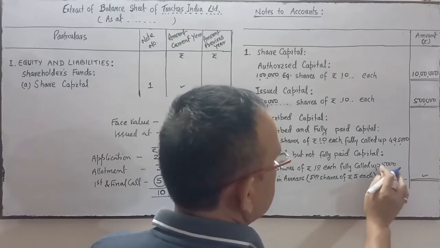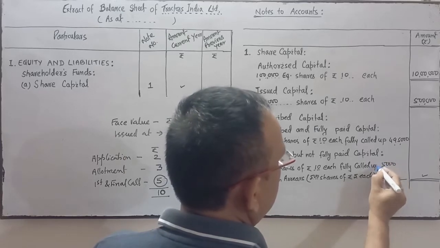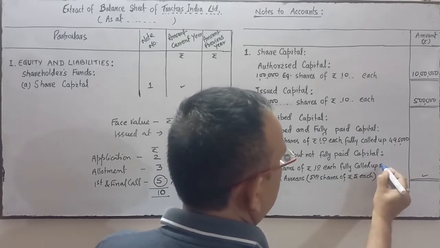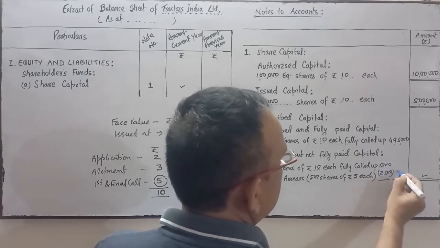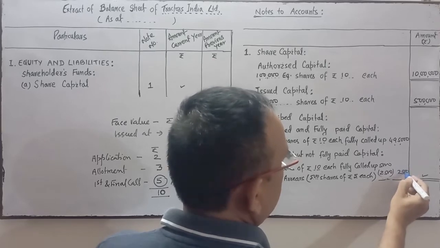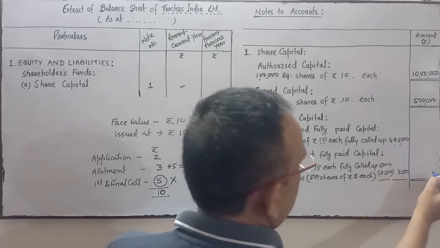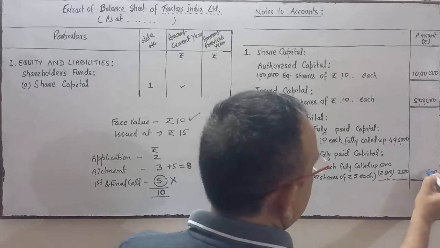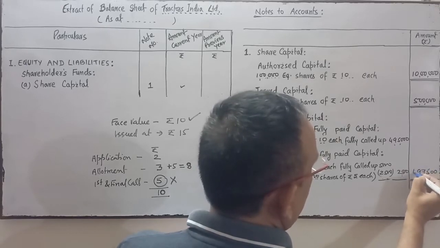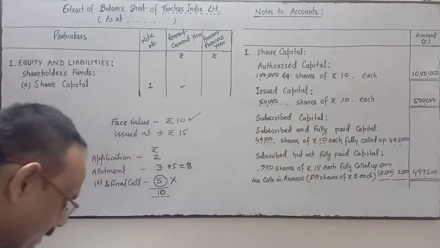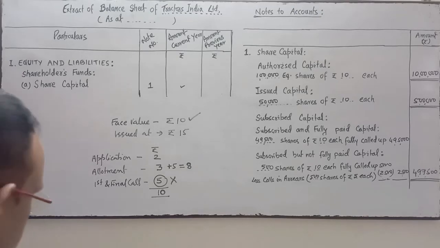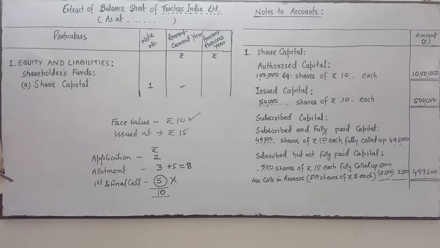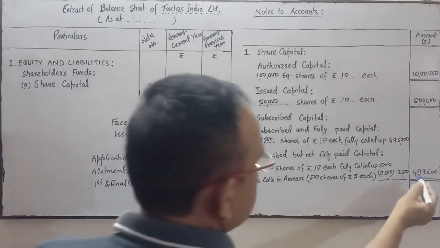Finally, this amount is deducted. So do the total of these two amounts: 4,97,500. Is it clear?